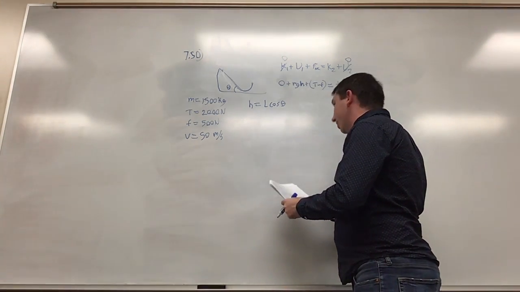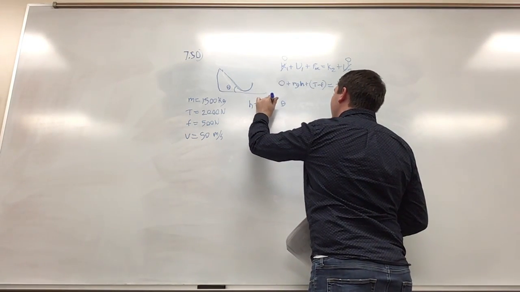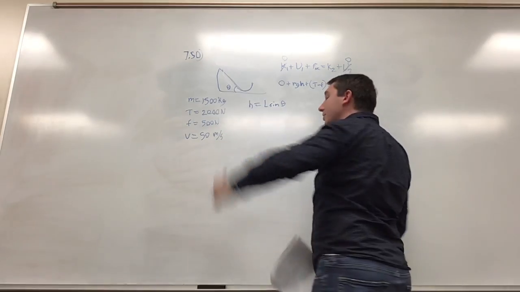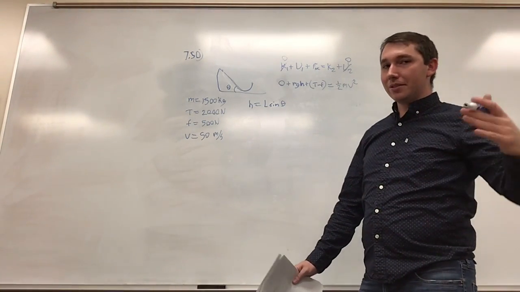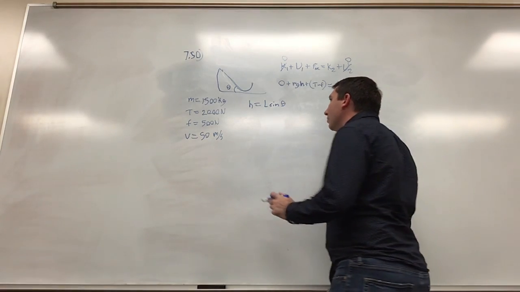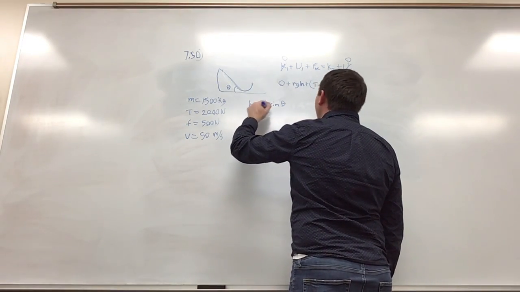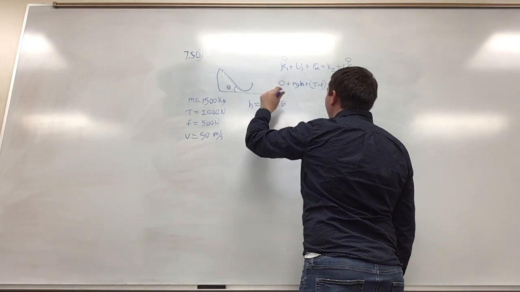Or not cosine, sine. Sorry, my bad. It's the height, so it needs to be sine. Cosine would be the distance from where the ramp touches the ground. But we want how high up. So we can then substitute that in for h.